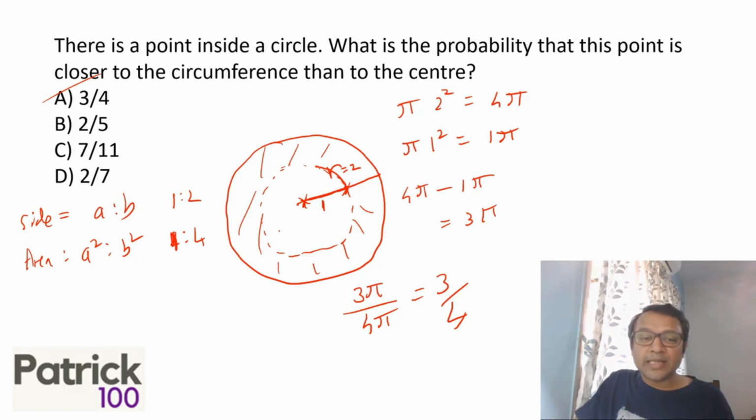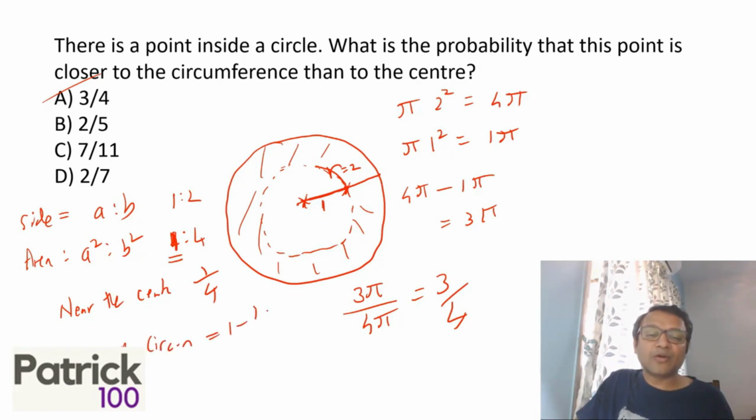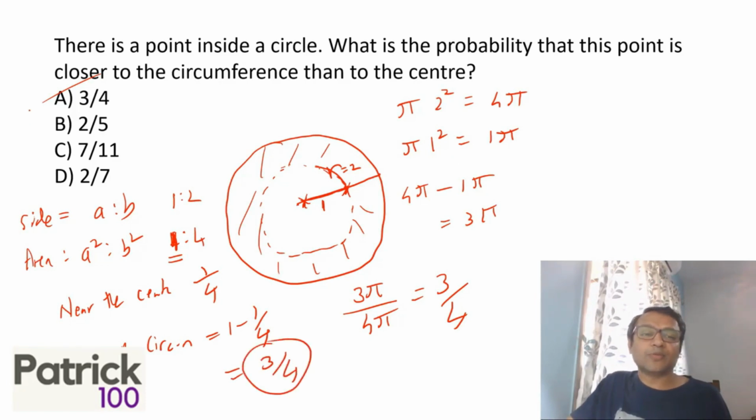Which means to be near the center, the chance is 1. To be near the circumference, the chance is 3 because the total chance is 4. To be near the center, the probability is 1/4. So to be near the circumference, probability has to be 1 minus 1/4, which will give you 3/4 as the answer, which is A option.